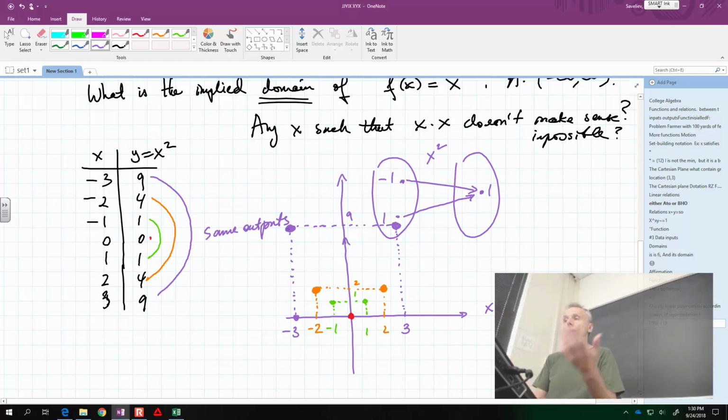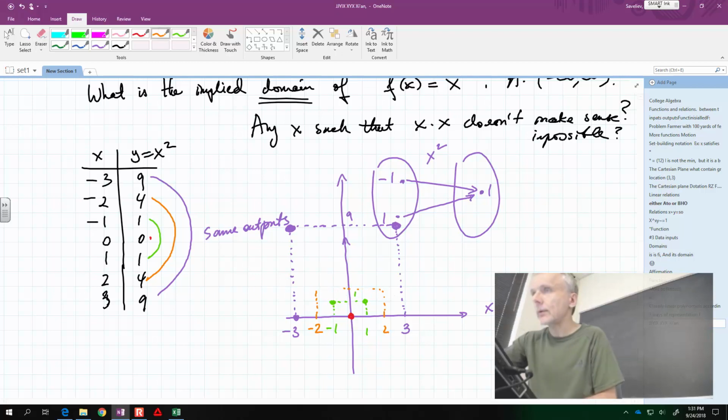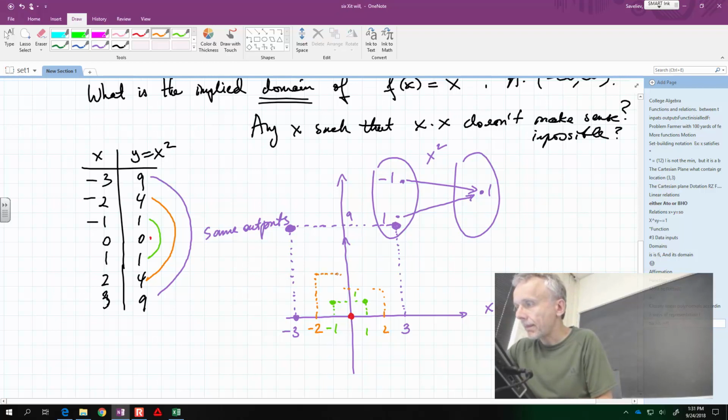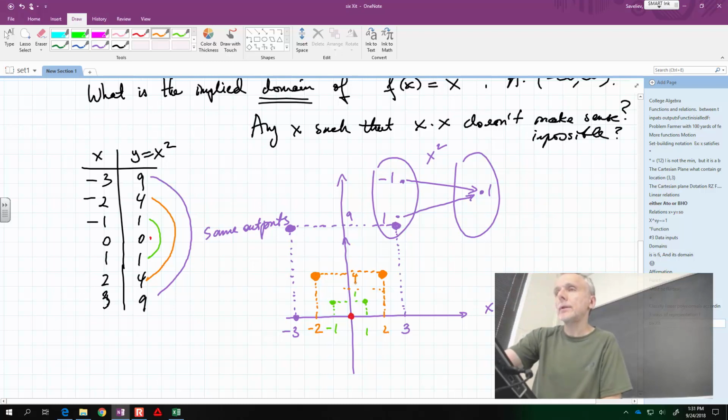Okay, so that gives you an idea of... nobody would correct me. I was supposed to plot 4 here, right? Okay. So this is 4.